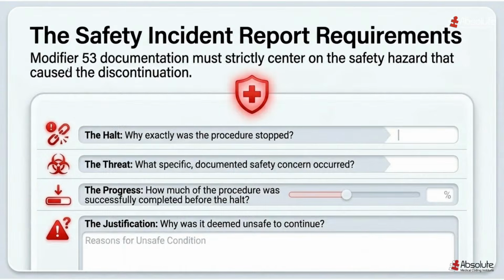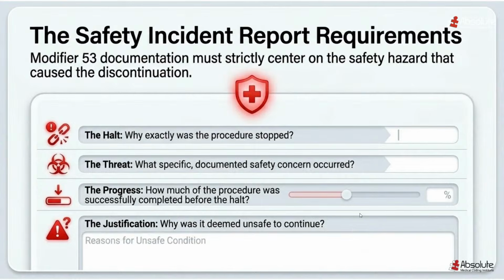Now, your documentation, when it's pertinent to the safety of the patient, should say why they halted the procedure, the threat to the patient, what specific documented safety concern occurred, the progress, how much progress was successfully completed before the halt.